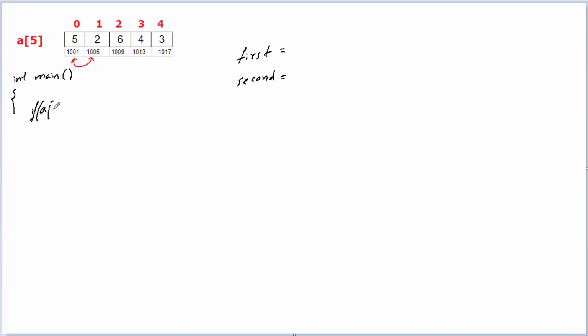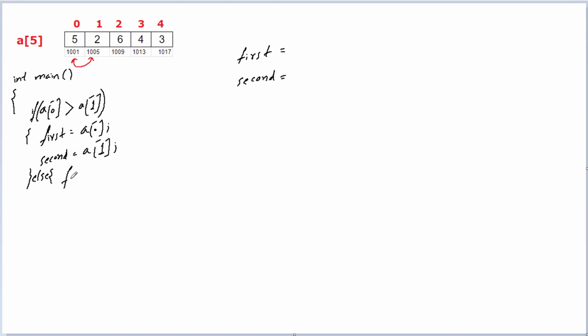It's simple. If a of 0 is greater than a of 1, then assign the value of a of 0 to first and assign the value of a of 1 to second. Else, if this condition is false, that means a of 1 is greater than a of 0, right?